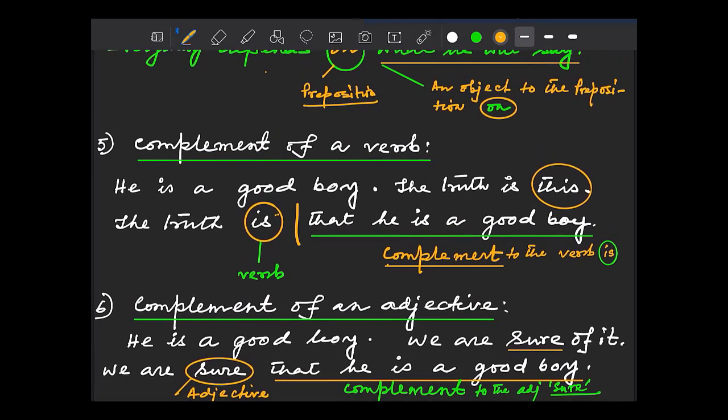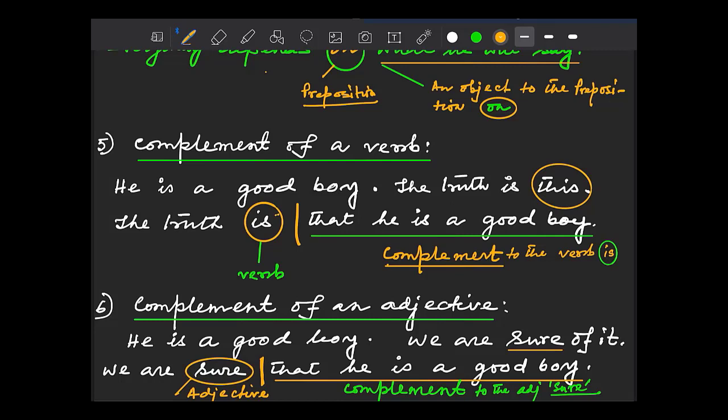Next one, complement of an adjective. See the sentences. He is a good boy. We are sure of it. Here sure is an adjective. See the combined sentence. We are sure. Sure of what? We are sure. This is an adjective, and if you cut it here, there will be a lack of the sense of completion.